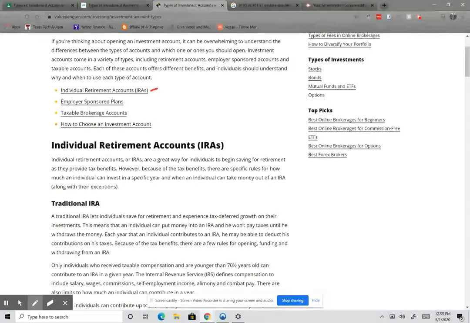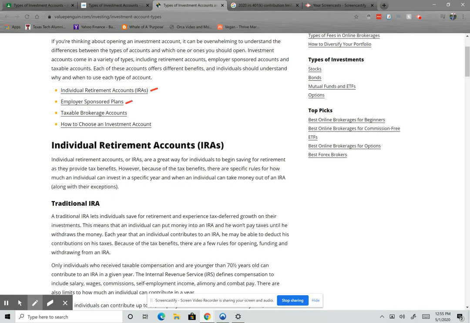The next set is the employer sponsored plans. These are also created by the government, and there are two main types: pensions and 401ks.